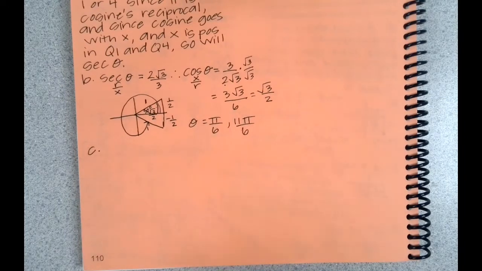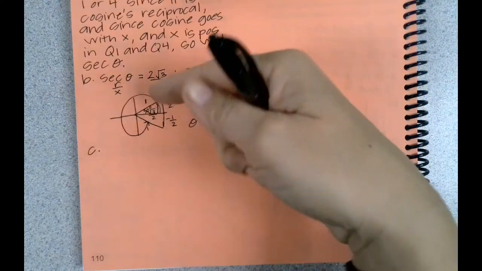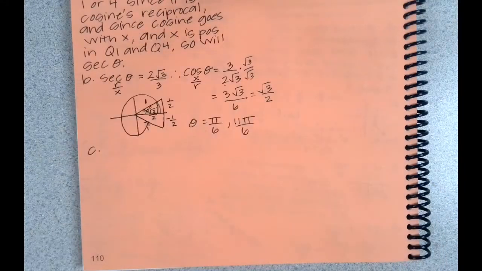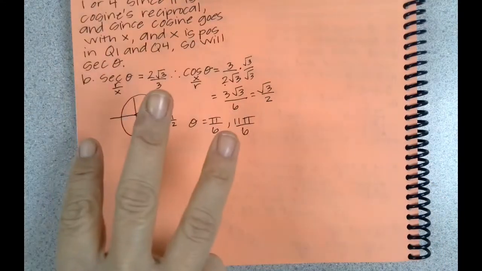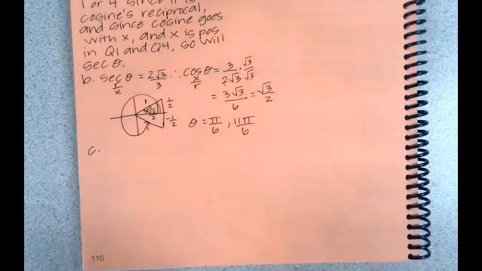Furthermore, the third thing is that cosine inverse is actually defined in quadrants 1 and 2. So because we're not dealing with inverses, that's not what they give us, then we can actually answer both these angles right here.